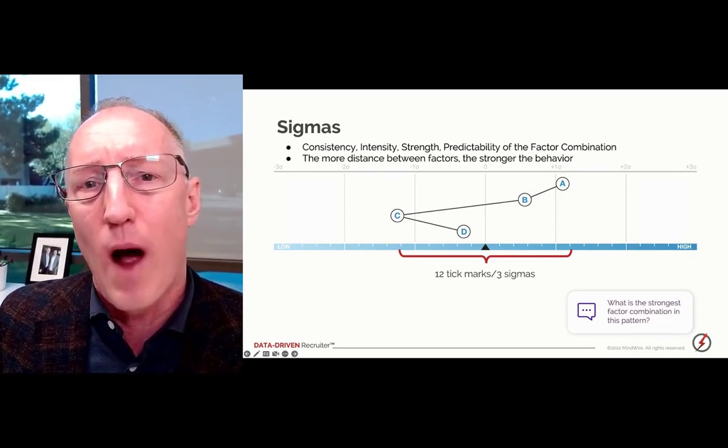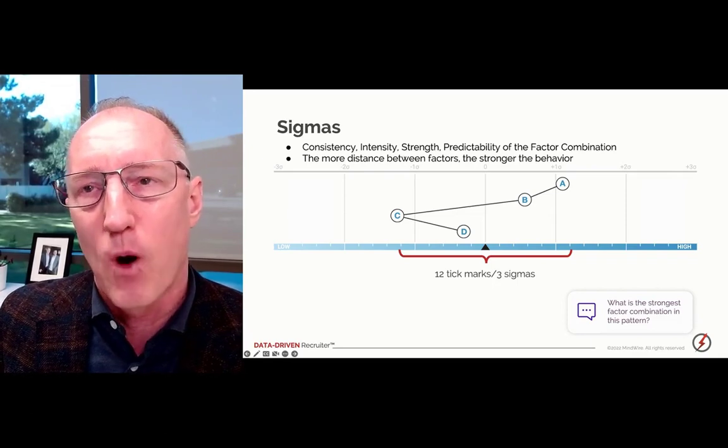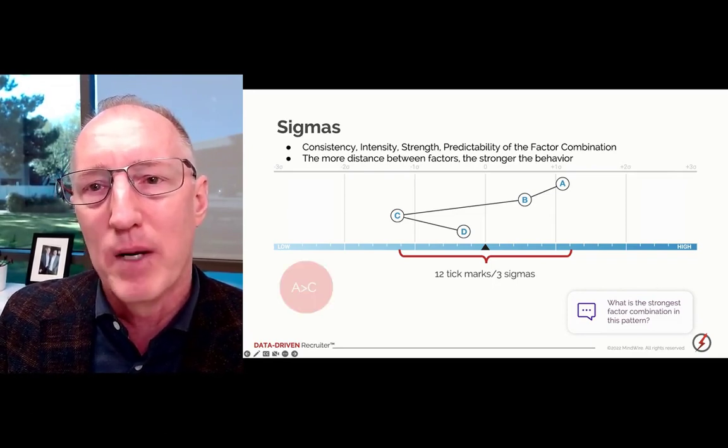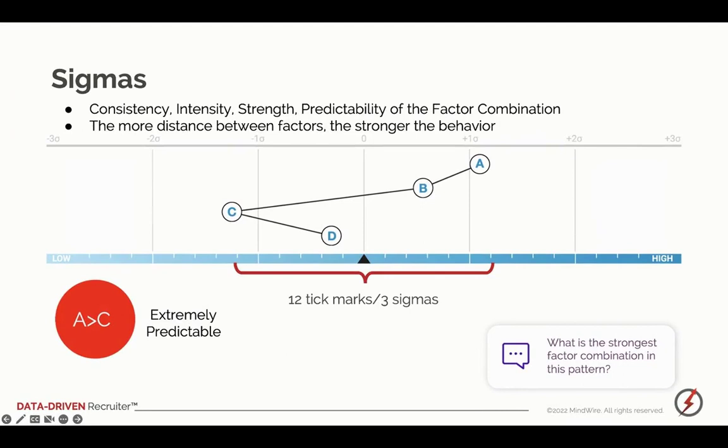When I want to really understand what makes somebody tick, or when I want to define what I need in a job, then I want to look at factor combinations in order of intensity. In this pattern, A over C is the widest. It's the biggest distance between two dots, which means it's going to be the most strongly felt and expressed behavior for this person.